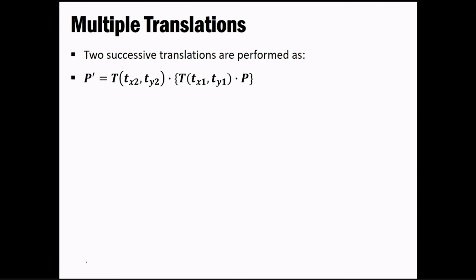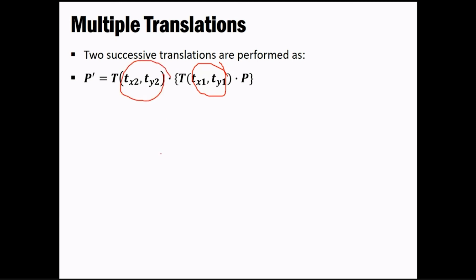Okay, so for translation we have this. Two successive translations, so we are not dealing with a single thing now. If you want to perform two successive translations on a single point at the same time, you would have the translation values tx1, ty1, and similarly another pair, tx2, ty2.